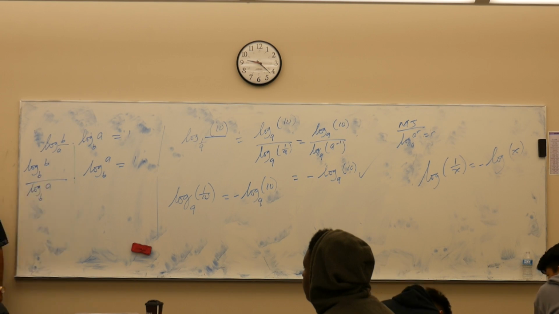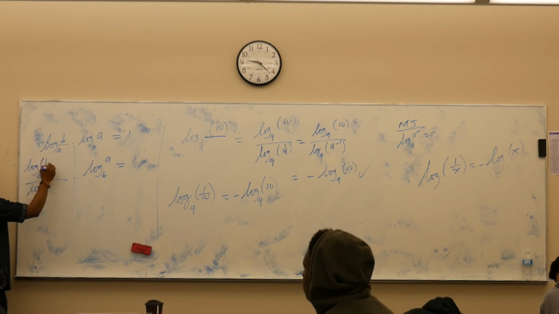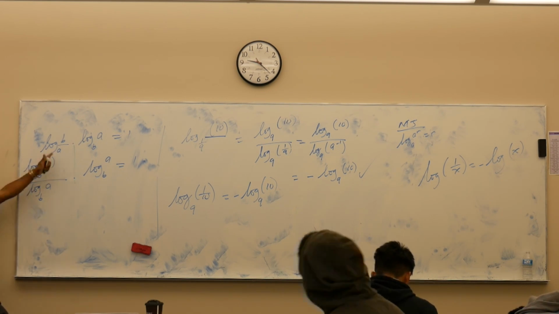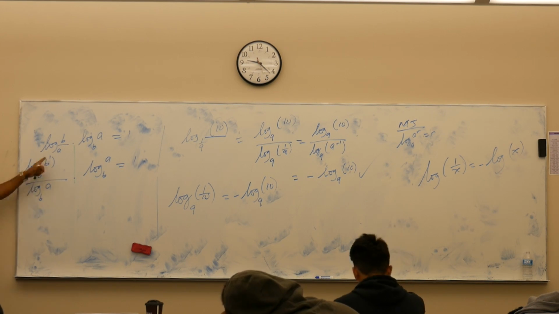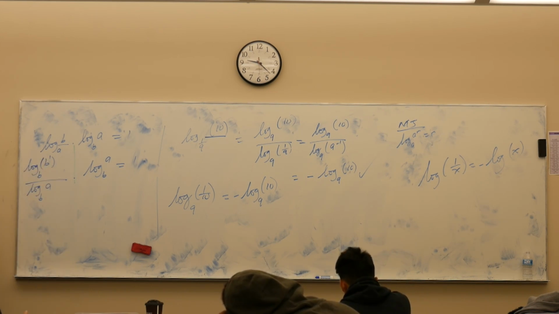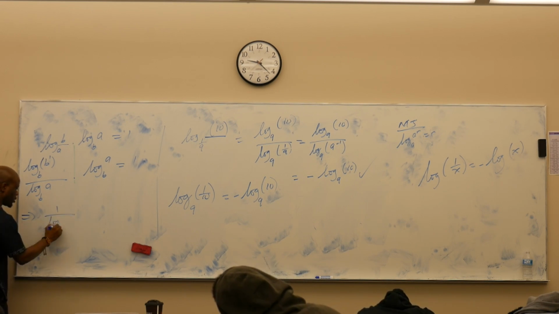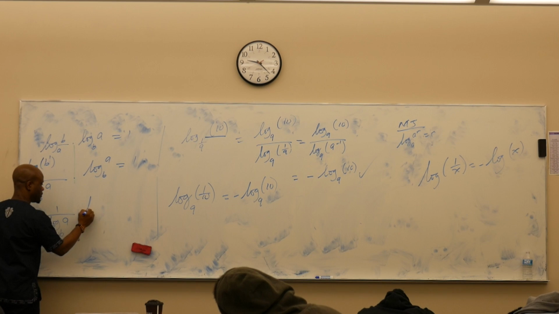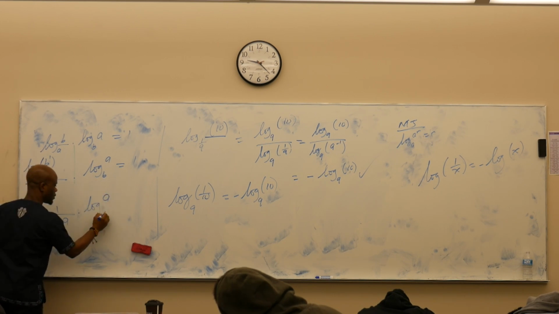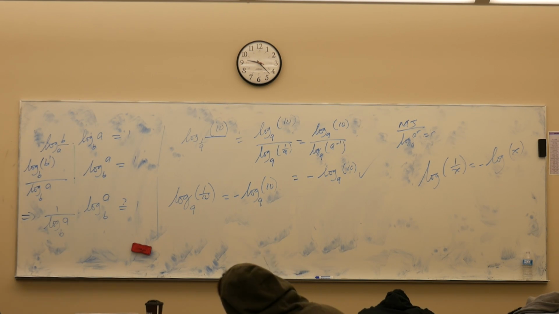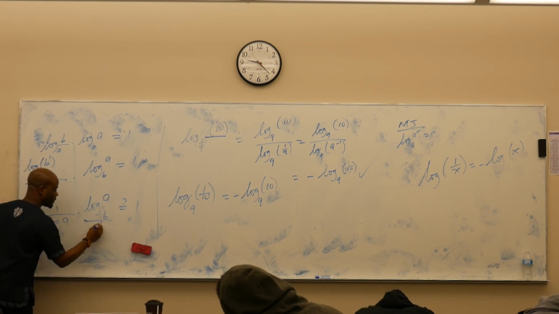What's the power on this B? 1. From our test, we had log base B of B squared, we said that was a 2. What is the log base B of B to the 1? 1, just the power. So this thing gives me 1 over the log base B of A times the log base B of A, which is a fraction over 1 if you want to do that.